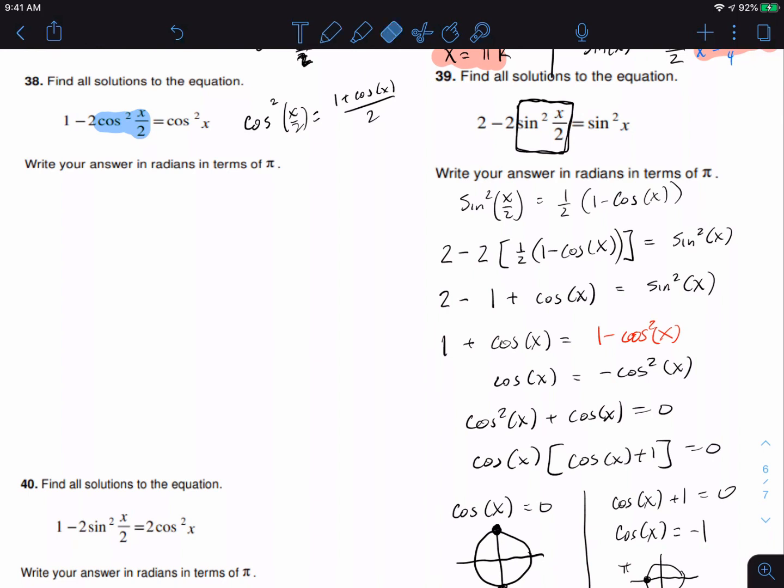Here, I'll write it that way. It's probably cleaner for you guys to see, so it looks the same. But these are rules that you guys should have memorized. 1/2 (1 plus cosine of x). Okay? See if you guys can work that out.